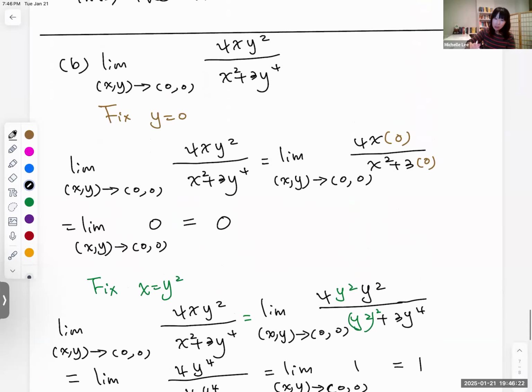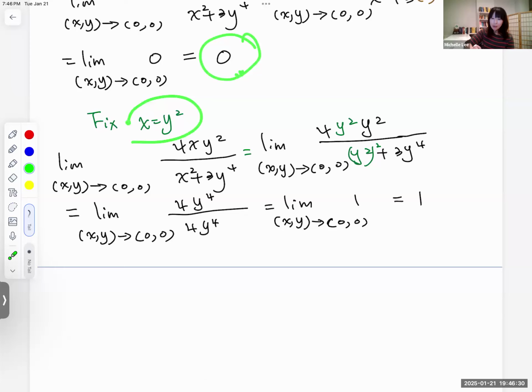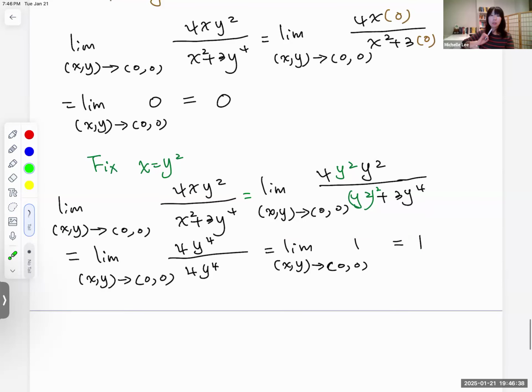So if we fix y equal to 0, we get 0 for the limit. If we have x equal to y squared, the limit is equal to 1. So we can conclude that the limit does not exist.